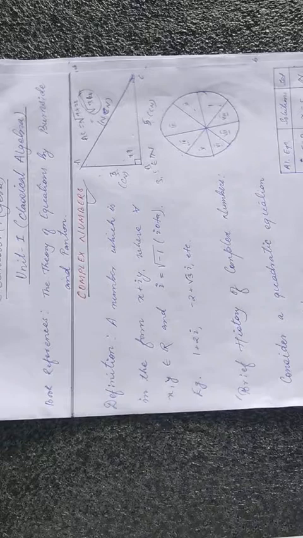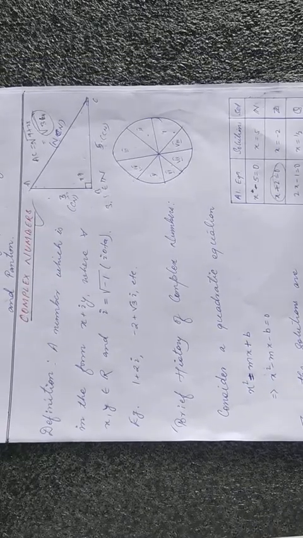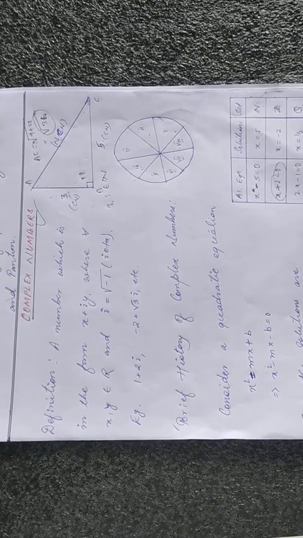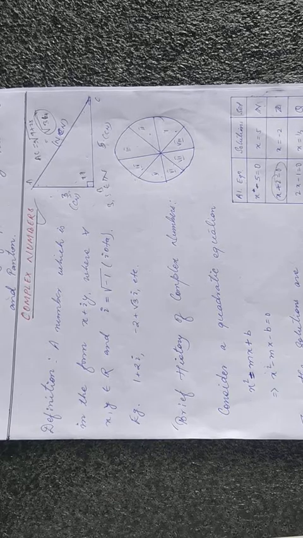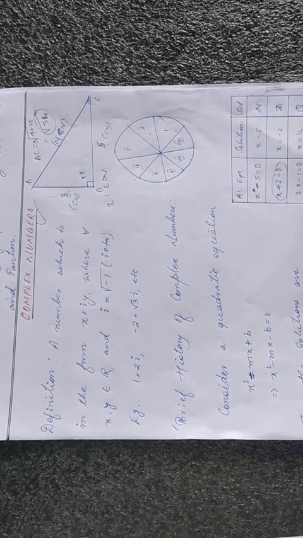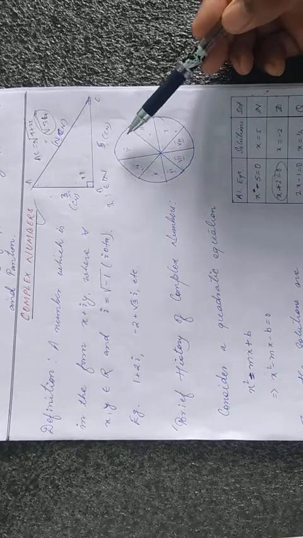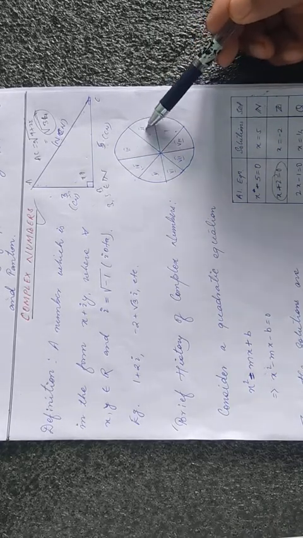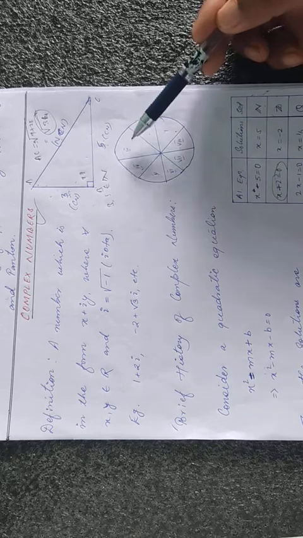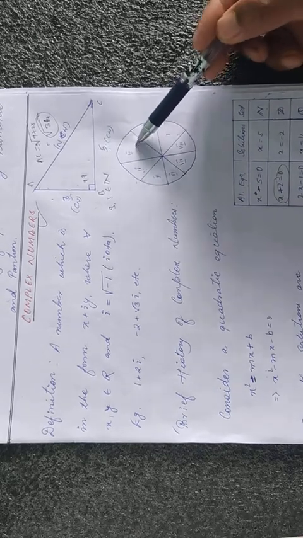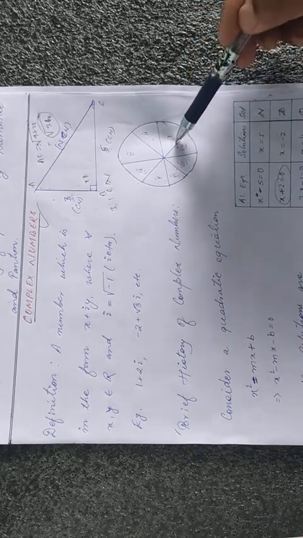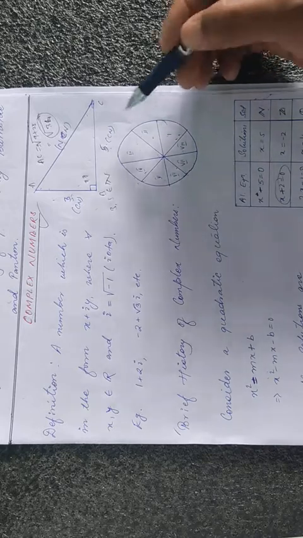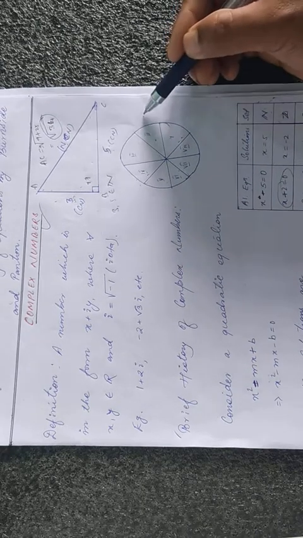Similarly, the development of numbers was increasing rapidly. If we consider this circle, each fraction, each part of this circle, is a fraction, which is not a counting number.